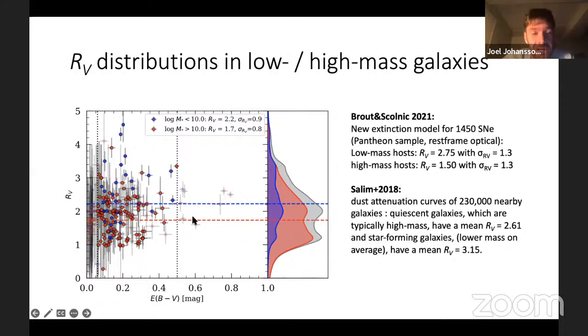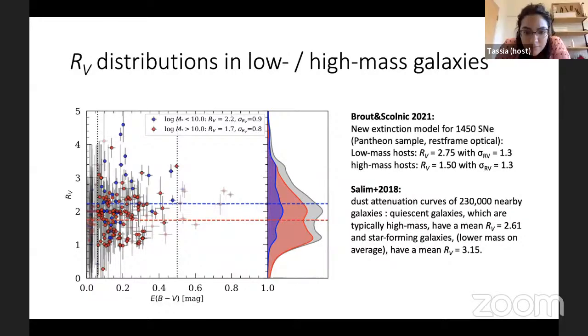So if you have a supernova with a color excess of 1, but RV is 5, you would never be able to observe it. It would just be too heavily extinguished. So it's not super straightforward to do these RV measurements.